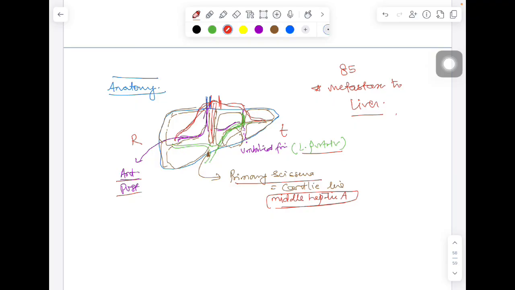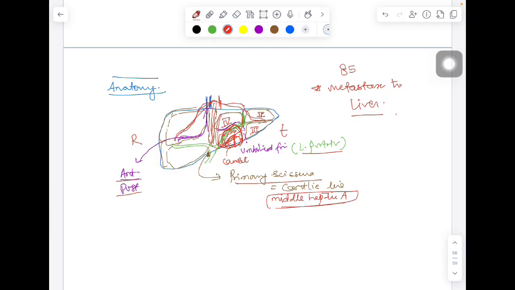Now the numbering of the segments: the first segment is the caudate lobe. The caudate lobe is at the back. It's between the portal vein and IVC. The caudate lobe is a separate lobe. So that's the most important part. So the caudate lobe will be like this, at the back. Then it starts with number 2. Number 3, and the whole front is the 4th lobe.